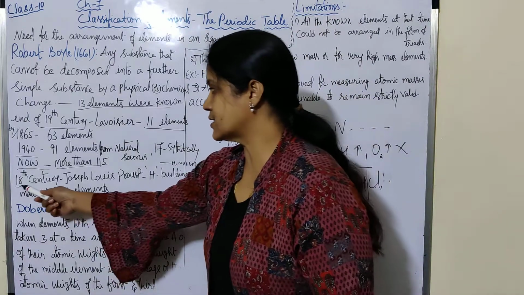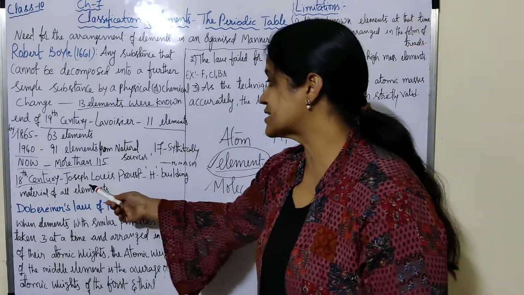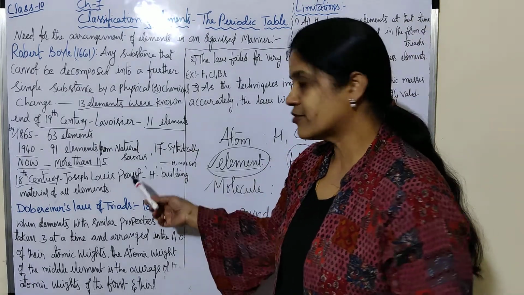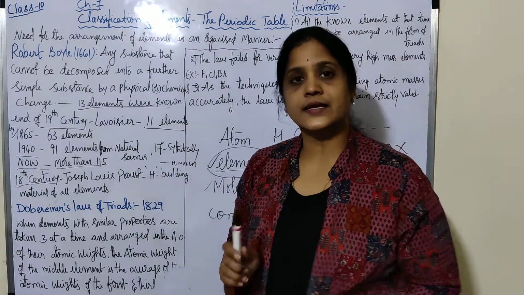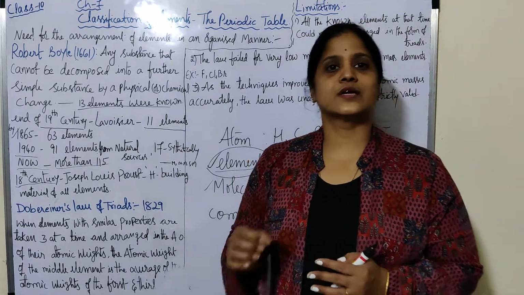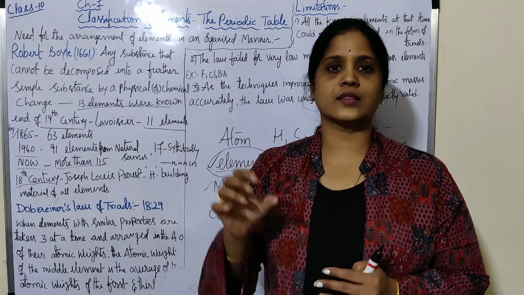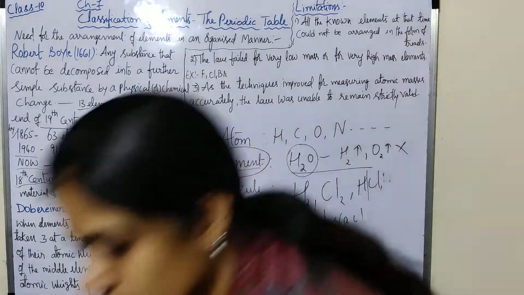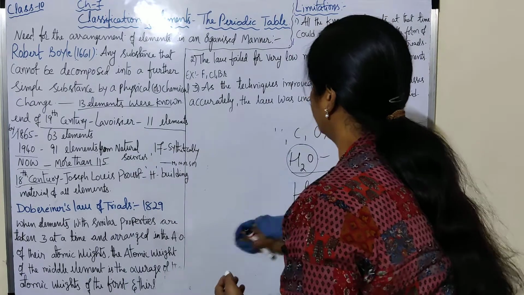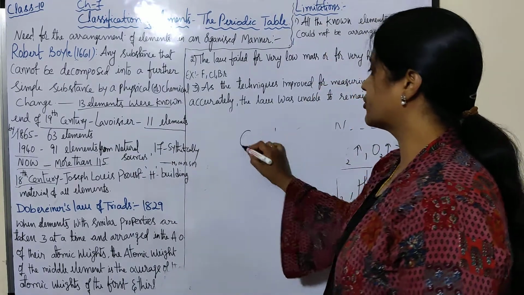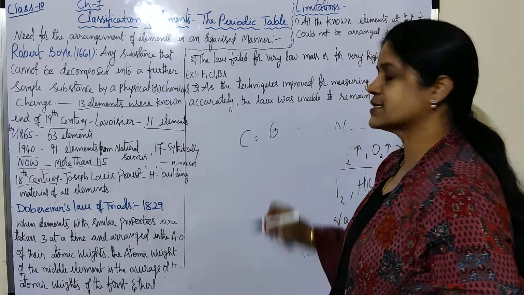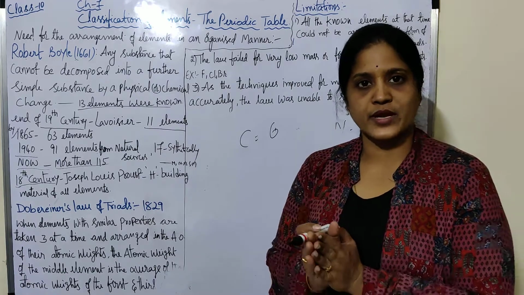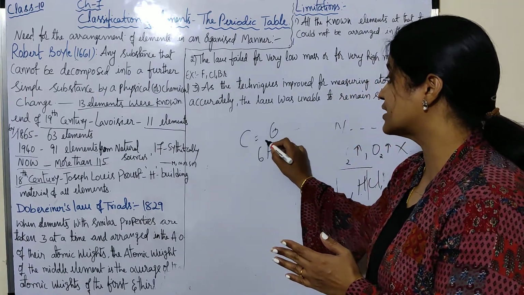At that time, in the 18th century, there was Joseph Louis Proust. Who is that? He was a scientist, and he said that the hydrogen element was the building material for all the elements. Means what? For example, carbon, its atomic number is 6, means the carbon element is a combination of 6 hydrogen atoms.